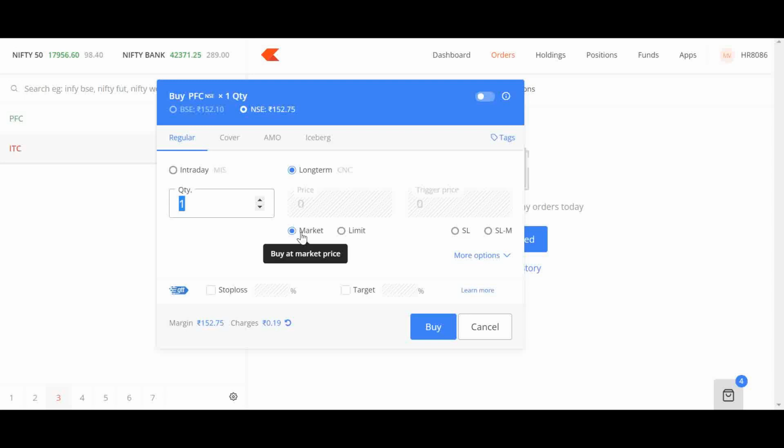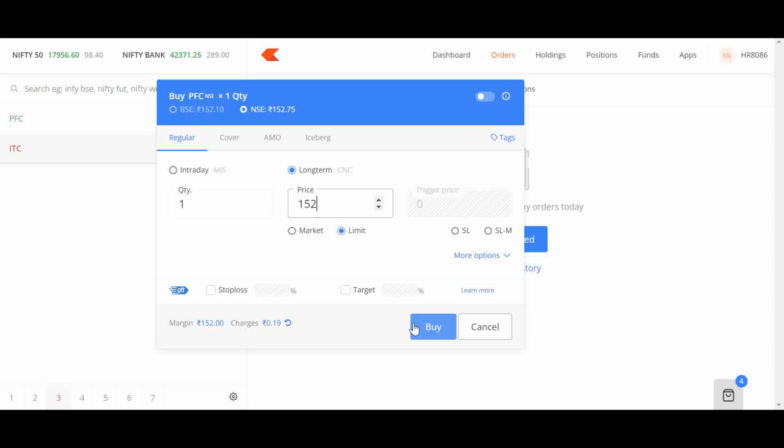In case you would like to buy the stock for 152, let's say now it is trading around 152.75 and you would like to buy it for 152, then what you have to do is choose this limit order, enter the price as 152 and click on buy. Whenever the price reaches 152 on the same day, note this down, it's only on that same day.